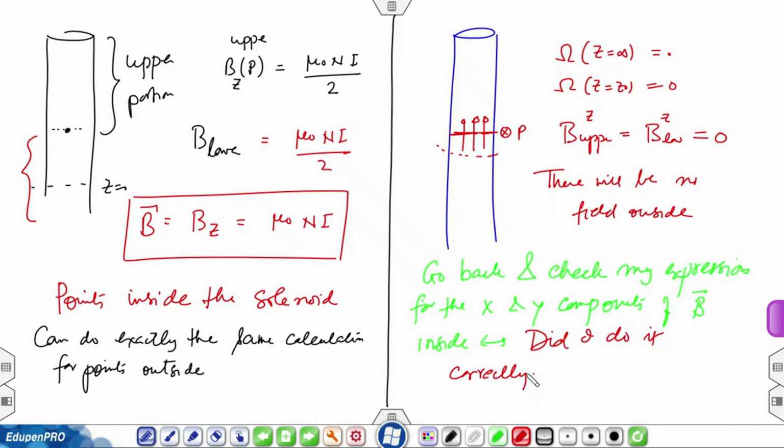I said that d by dx and all that is 0, whether that is correct. So, I said x and y components are 0 for each half of the solenoid. Is that a correct statement?